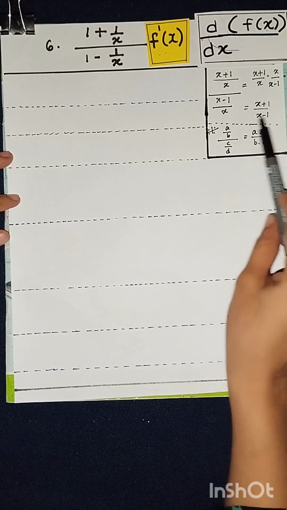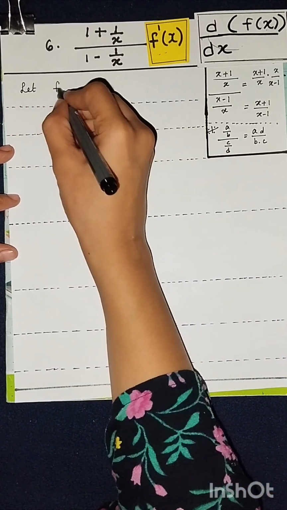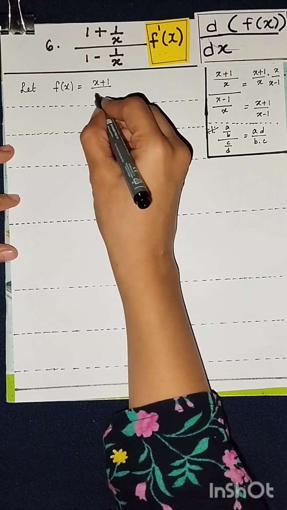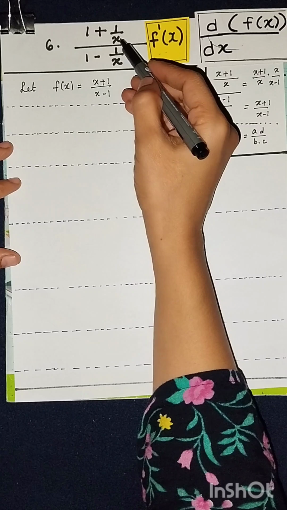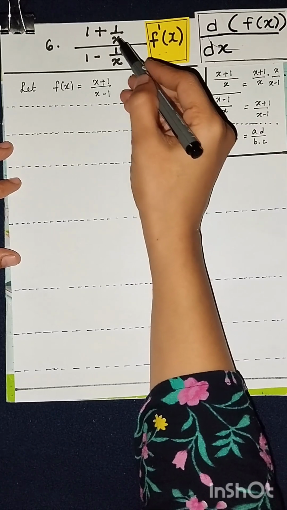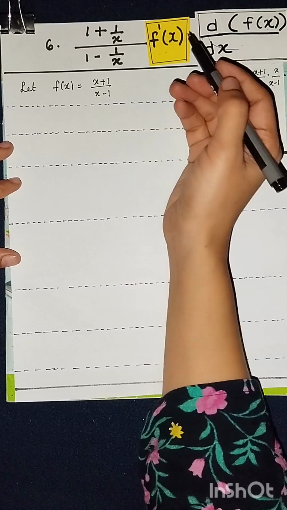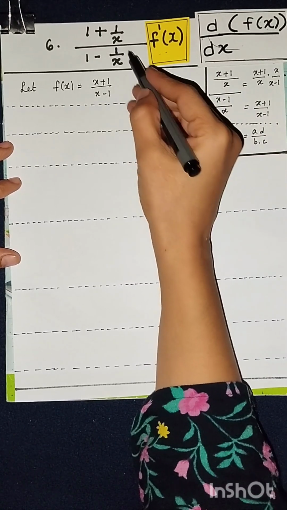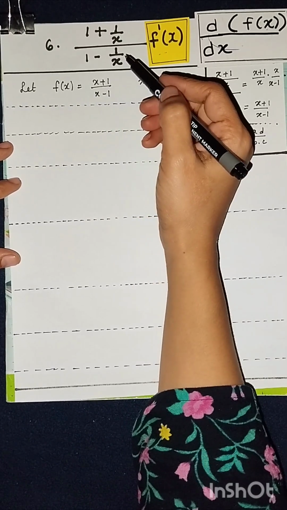So let us take this as f of x. So let f of x is equal to x plus 1 divided by x minus 1. So in this type of function, like which when we started, x must not be equal to 0. And the same thing will carry forward even when you change the function.